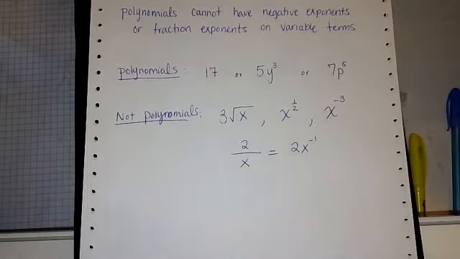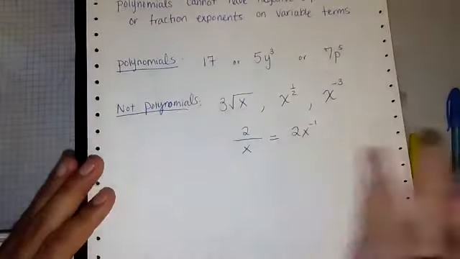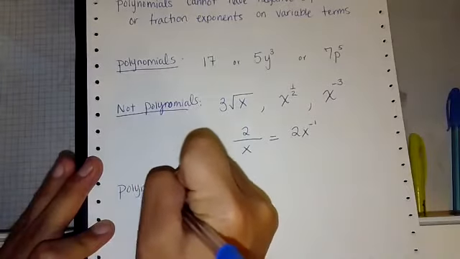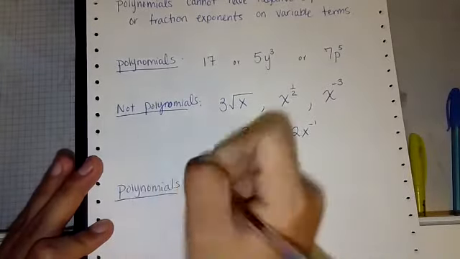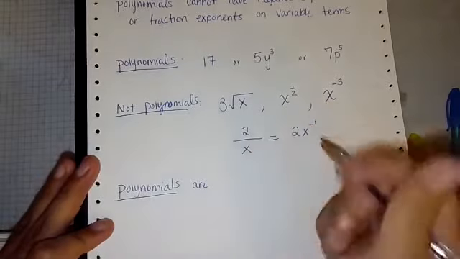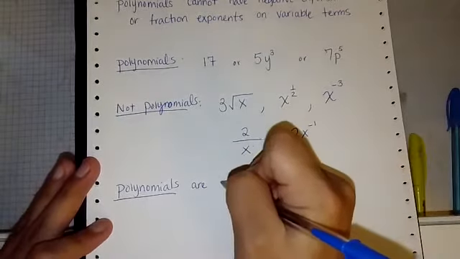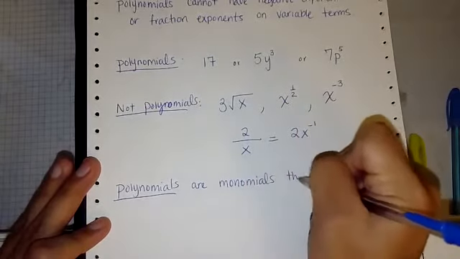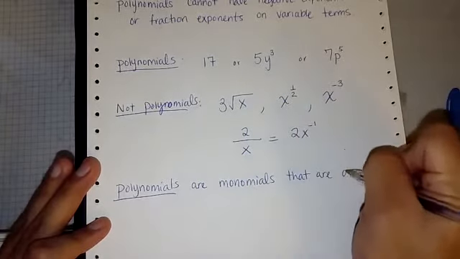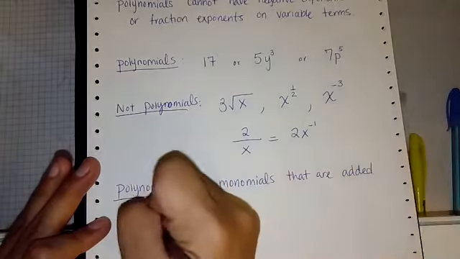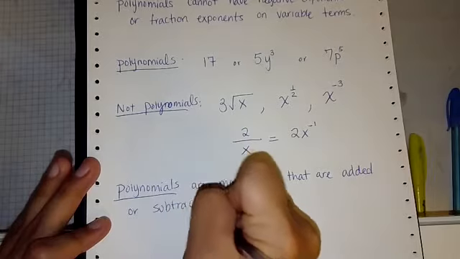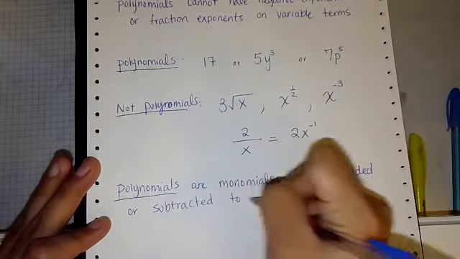Okay, so far we've really just looked at monomials, but we can think of polynomials as being just monomials that are added or subtracted to each other.